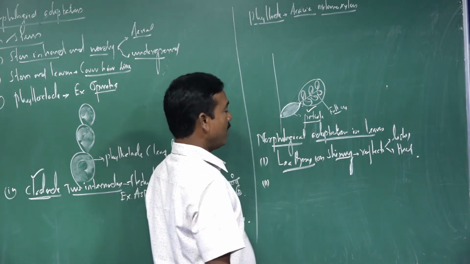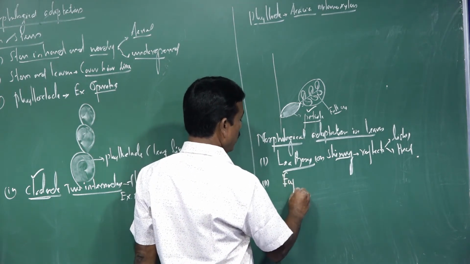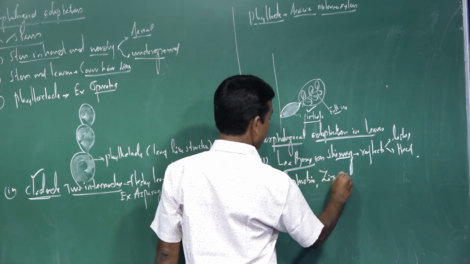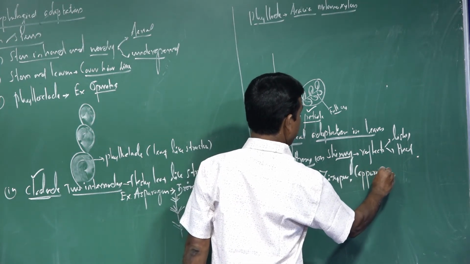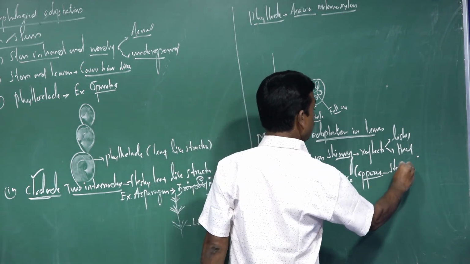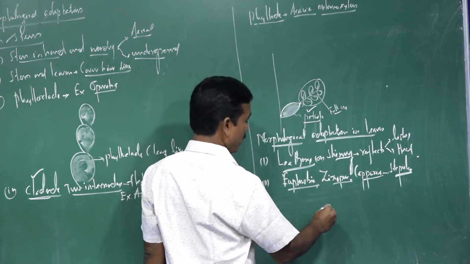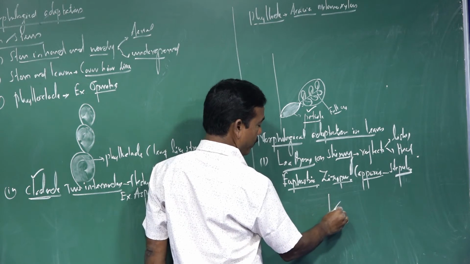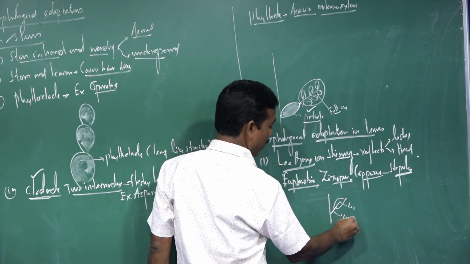Second thing, some plants such as Euphorbia, Ziziphus, Capparis have stipules. You know what a stipule is? There's a stem, there's a leaf, there's a petiole.